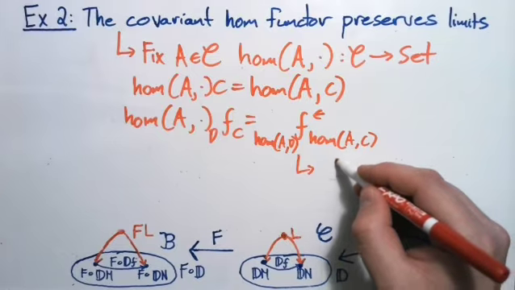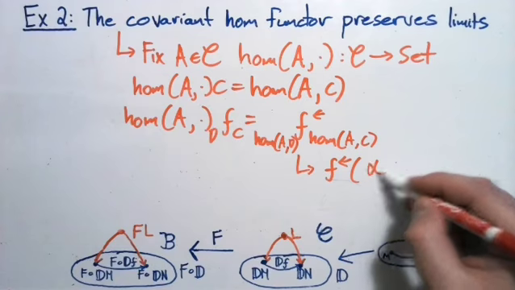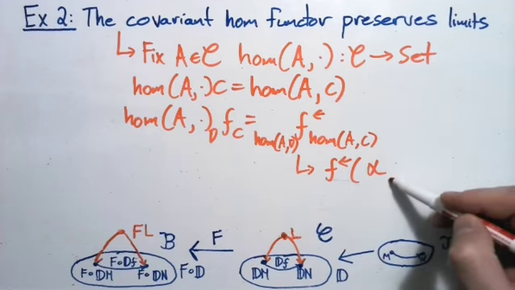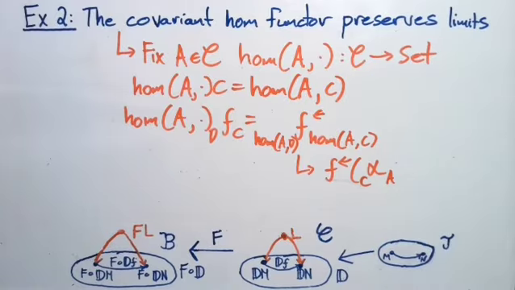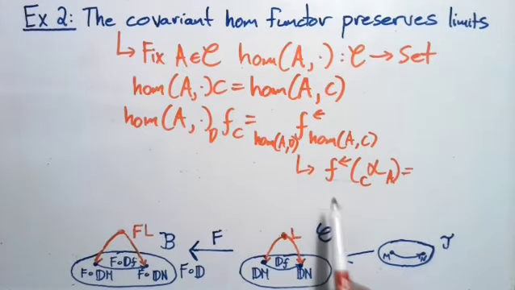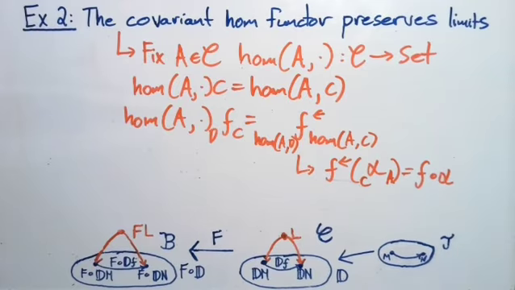It's just defined by, for some alpha in the hom set from A to C, it simply follows that morphism by f, right? So it's f after alpha.